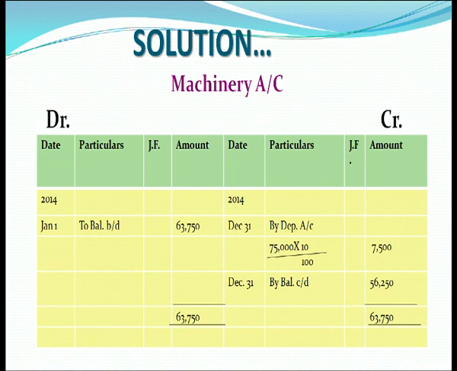Again on 31st December, we would be providing depreciation on the original cost at 10%, which we have calculated as 7,500, and we will close the books of accounts by calculating the carried down balance of 63,750 minus the depreciation amount 7,500, and we get a figure of 56,250. So, this is how you will be preparing the machinery account, and as you have seen, the amount of depreciation does not change, it remains constant under the straight line method of depreciation.